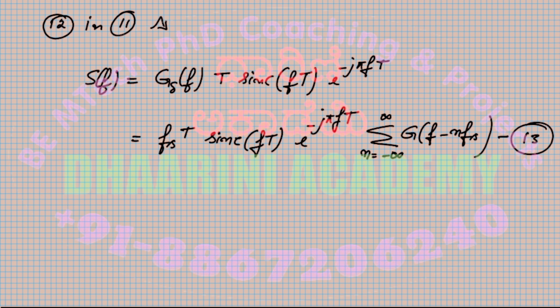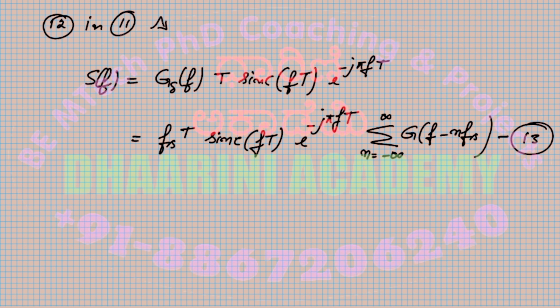Now again we'll do the same thing which we did in the previous sessions, wherein you can see that put n equal to 0. When I put n equal to 0, I can see that at the center it is G of f.